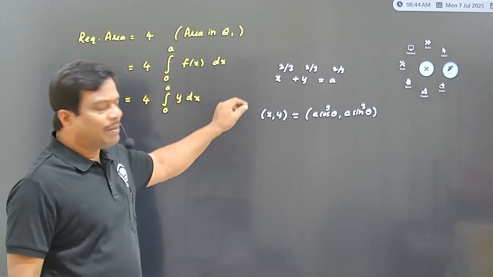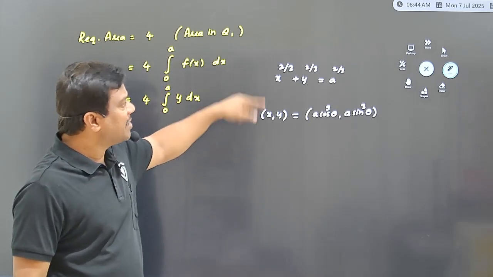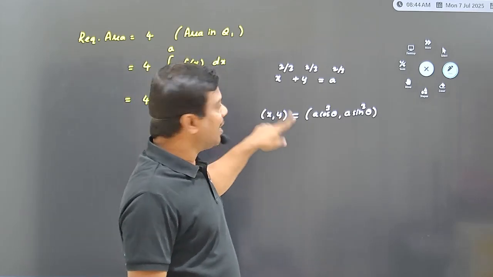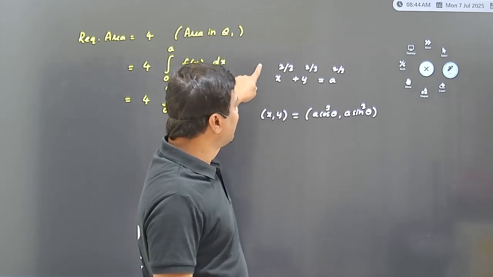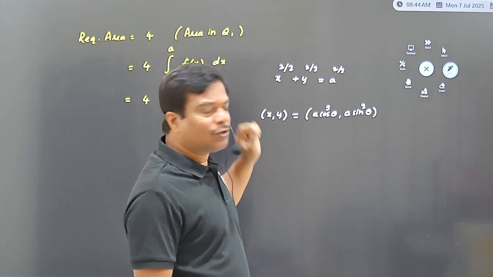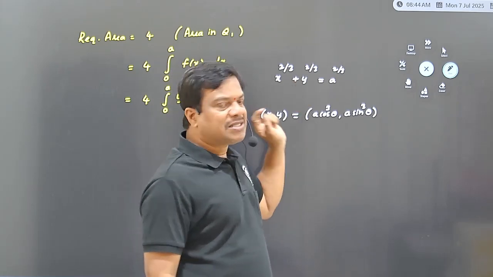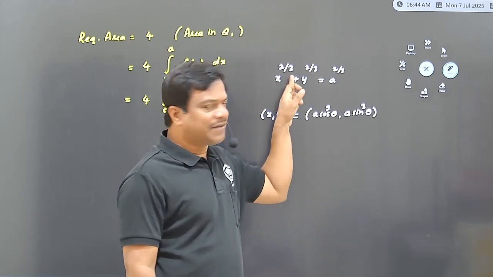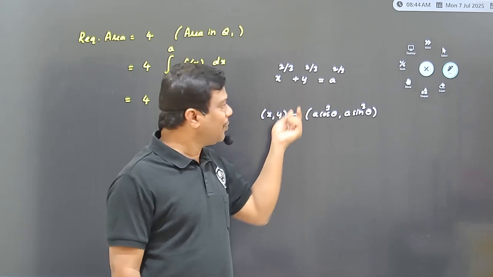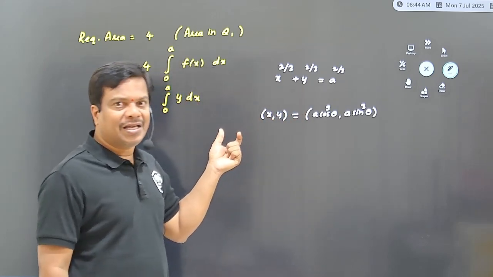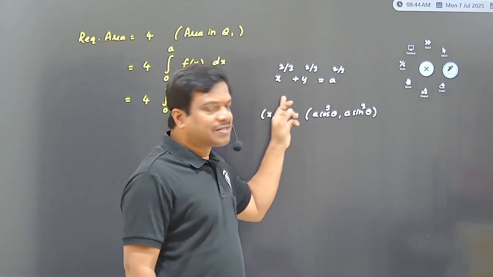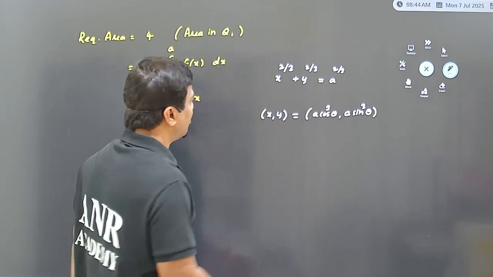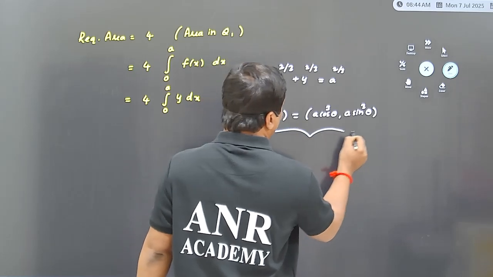The point (a cos cube theta, a sin cube theta) satisfies this curve. Let us cross check. When you write the value of x, a cos cube theta, in this, you will get a^(2/3) (cos cube theta)^(2/3). Next, in place of y, if you write a sin cube theta, that becomes a^(2/3) sin squared theta. From both, if you take out a^(2/3), internally we get cos squared theta plus sin squared theta, that becomes 1, and hence we get a^(2/3). So this is the parametric point.